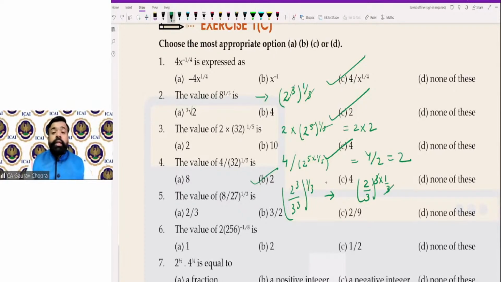So the result will be 2 upon 3, option number A. Everyone has given option number A, but few of you have given D. Nilesh has given option number D, but D is not correct. Option A is correct.